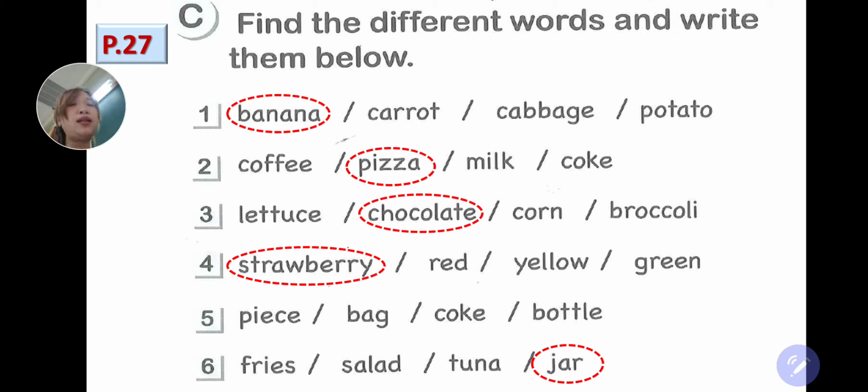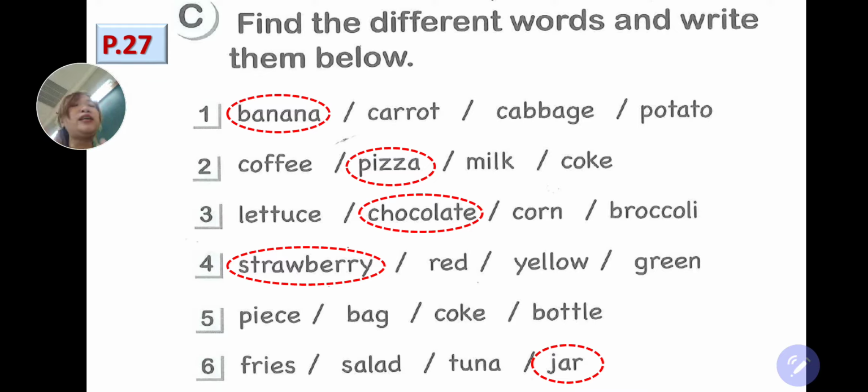Okay. Number 3. Lettuce, chocolate, corn, broccoli. What we need to circle chocolate. That means lettuce, corn, and broccoli, they are vegetables, okay? So, number 4, strawberry, red, yellow, green. Okay? So, as you can see, red, yellow, green, they are colors.